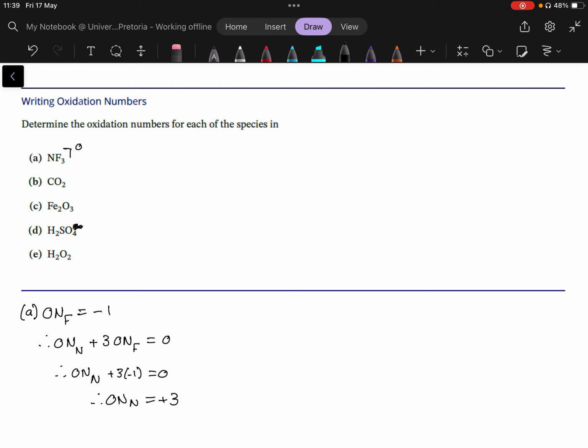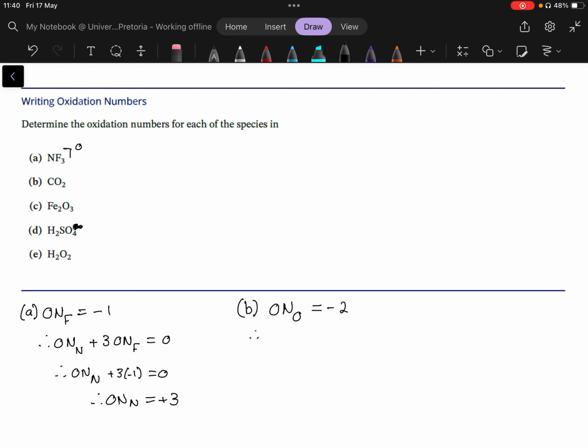Okay, so that's essentially how we'll go about it for each of them. So for B, we have carbon dioxide. And which one do we always know something about? In this case, we know something about oxygen. The oxidation number of oxygen is always -2, except in peroxides, but we'll look at one of these exceptions.